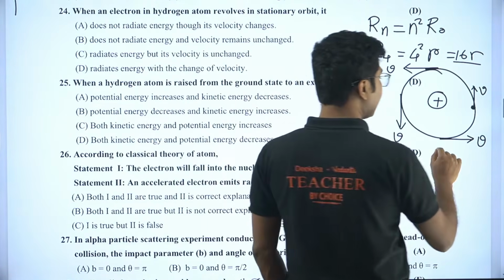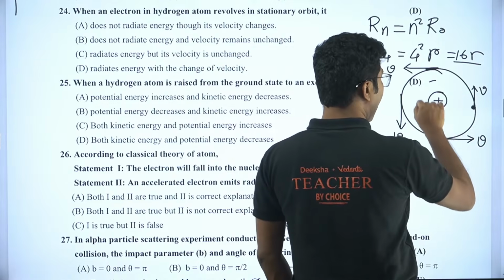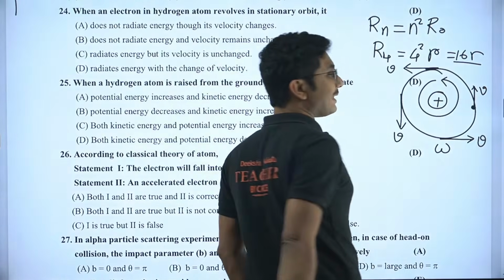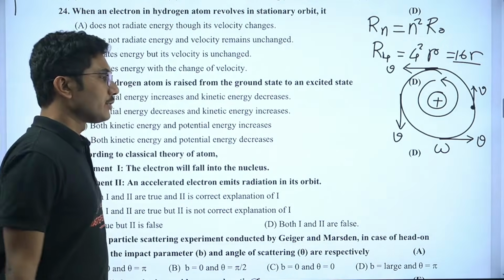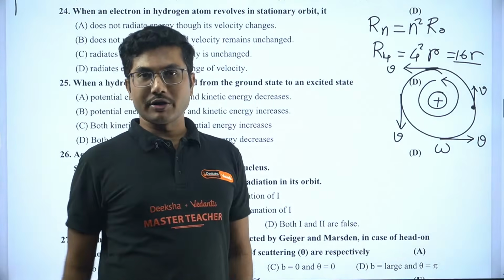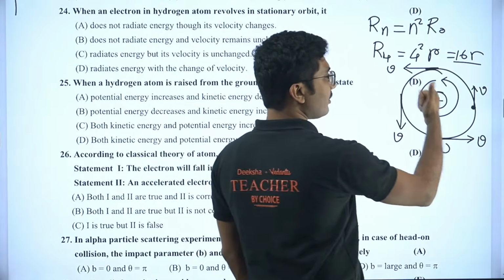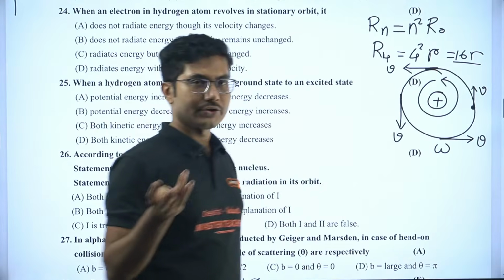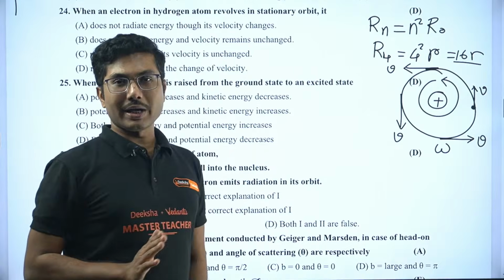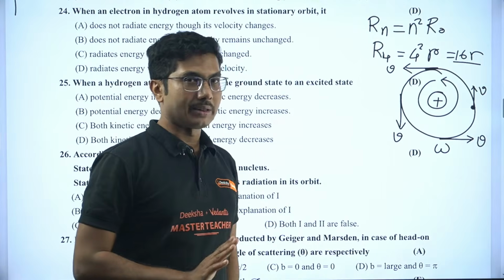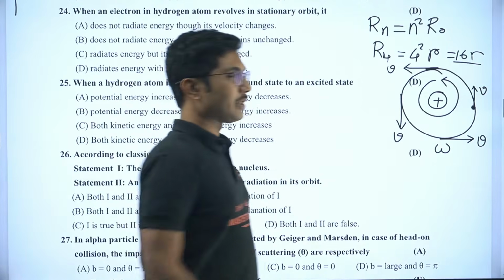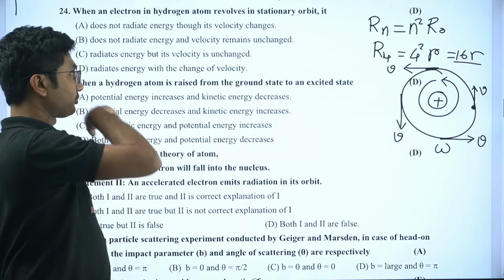or if you want to say, angular speed omega is determined by the angle only. So angular speed omega will not change. So angular speed omega will remain constant, speed will remain constant, but velocity will not remain constant. Velocity is changing.